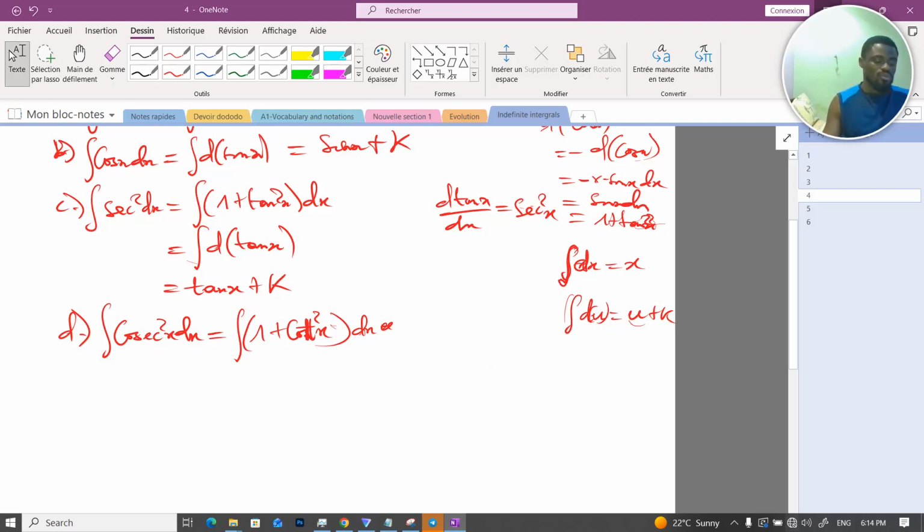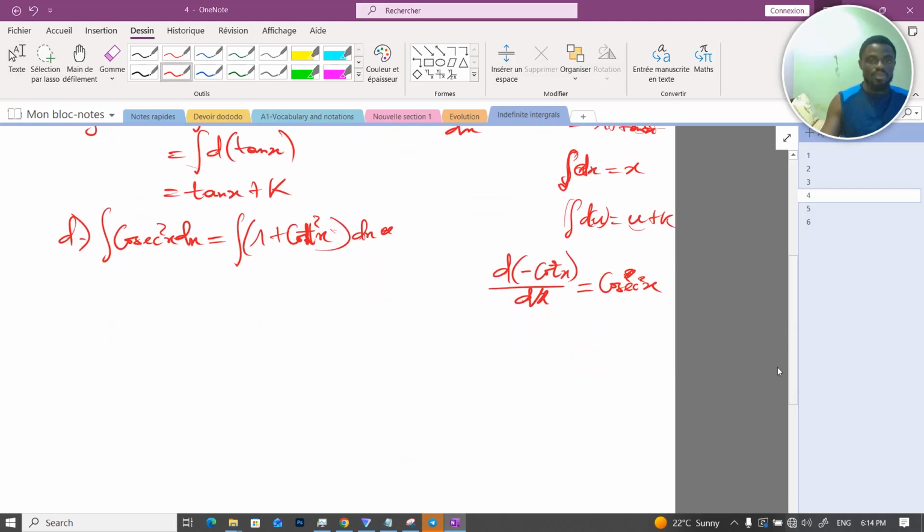If you remember well from your differentiation, whenever you differentiate minus cot x with respect to x, you have cosec square x. So when you differentiate minus cot x, you have cosec square x.